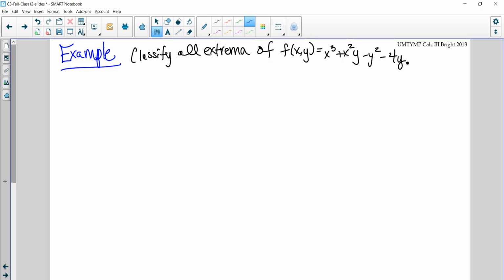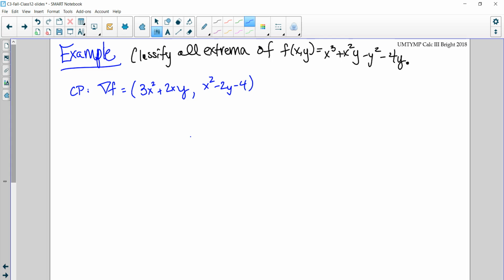Okay, so we're going to begin as we would in the single variable case by finding critical points, and so we might remember that in what we said for critical points was we need to look at the derivative matrix. But here, since we have one-dimensional output, we can actually just look at the gradient. And if we do this, I believe we get 3x squared plus 2xy, comma, and then x squared minus 2y minus 4.